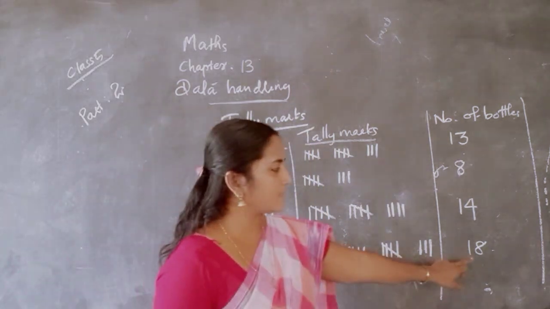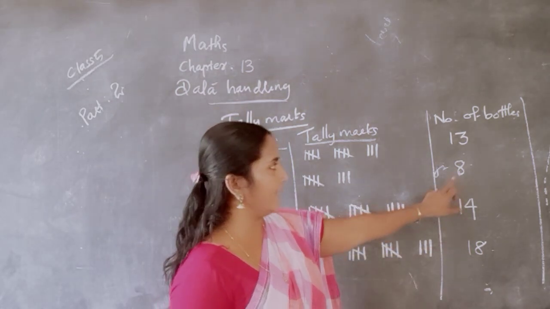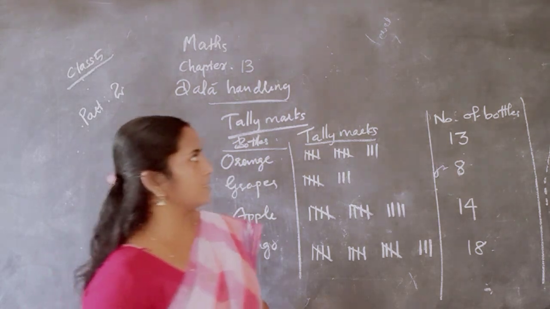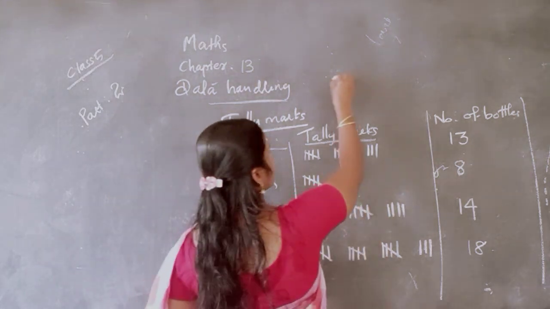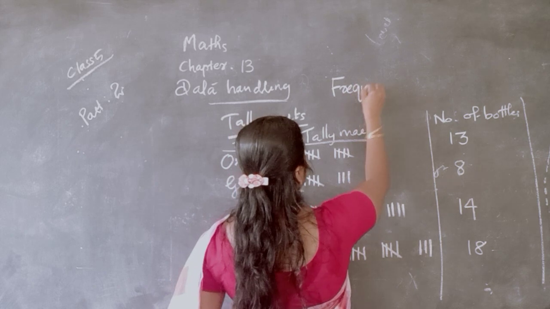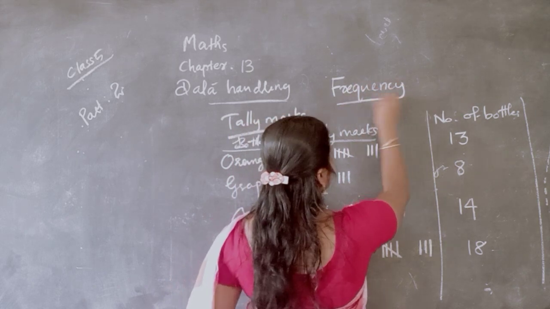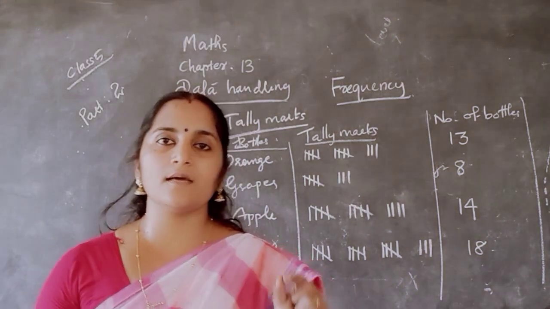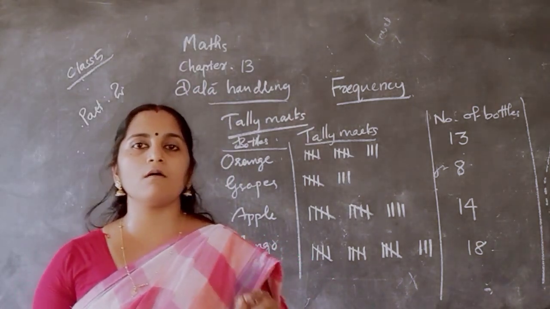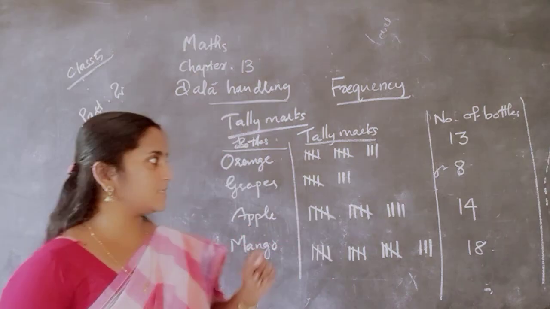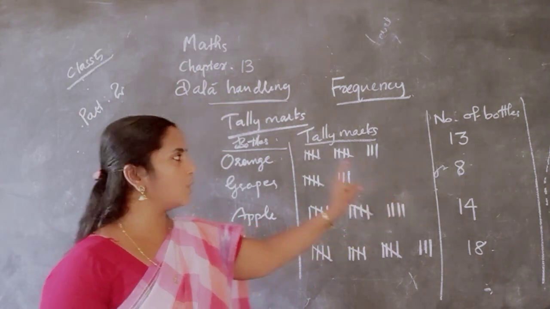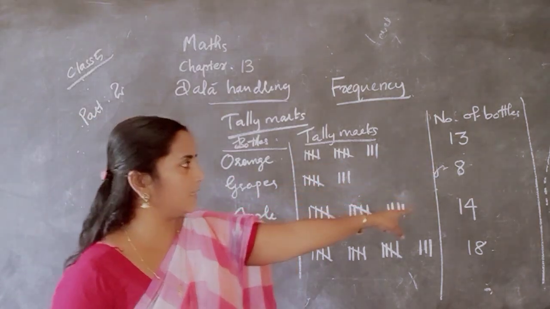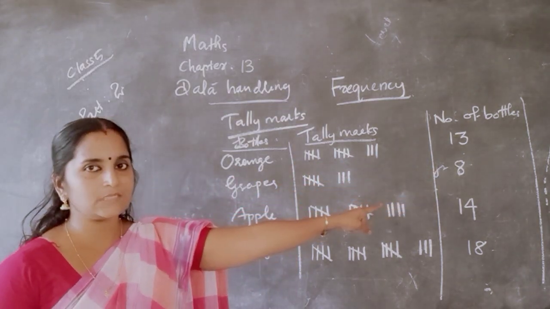That means these numbers 18, 14, 8, 13 are called frequencies. You heard about frequencies? Frequency means the number of times a particular number appears is called its frequency. That is, 13 bottles are there. So corresponding to the first one, the frequency is 13. Next frequency 18.